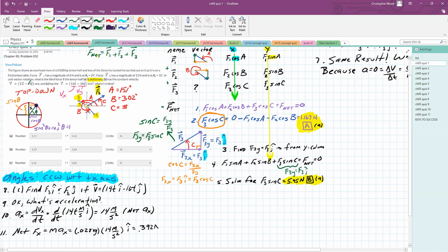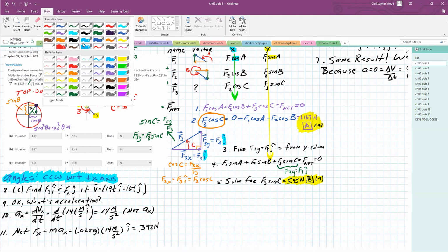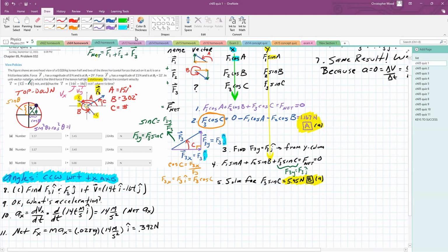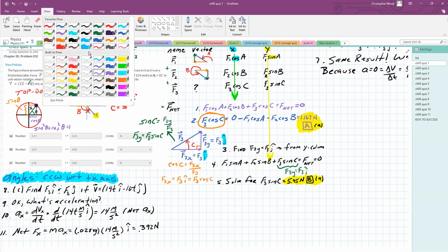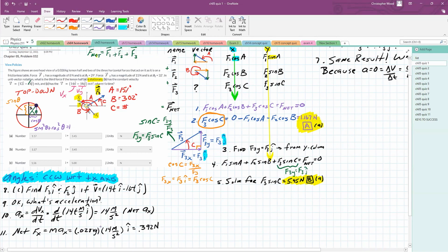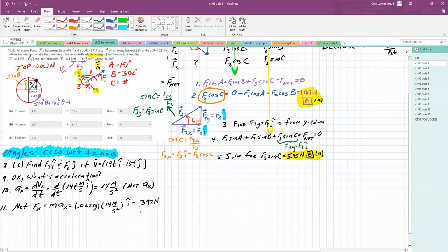0.392 newtons. Let's talk about dimensions, because you're going to have to do dimensional analysis, and it's good. Don't think of dimensional analysis as a chore. Think of it as a great way to give you a heads up if you're taking a wrong turn somewhere. Right here, I've got kilograms times meters in my numerator, and in my denominator I have seconds squared.